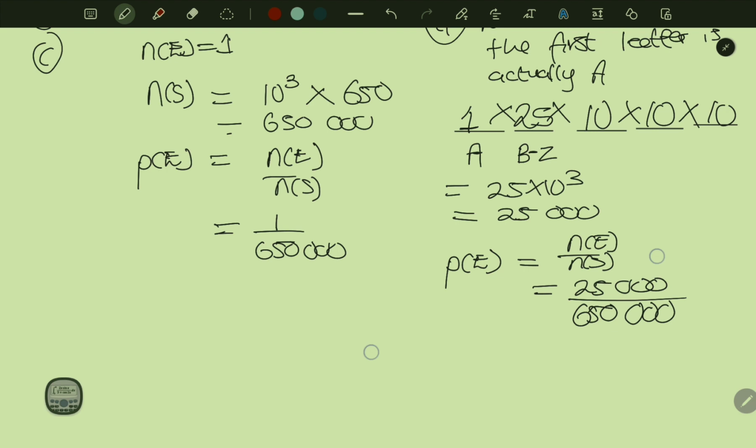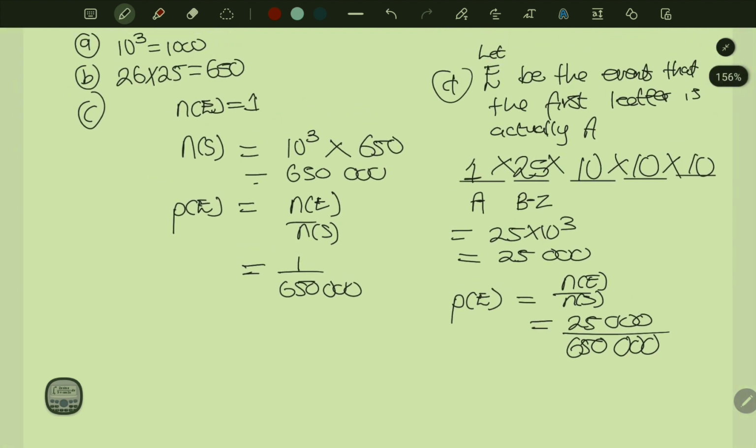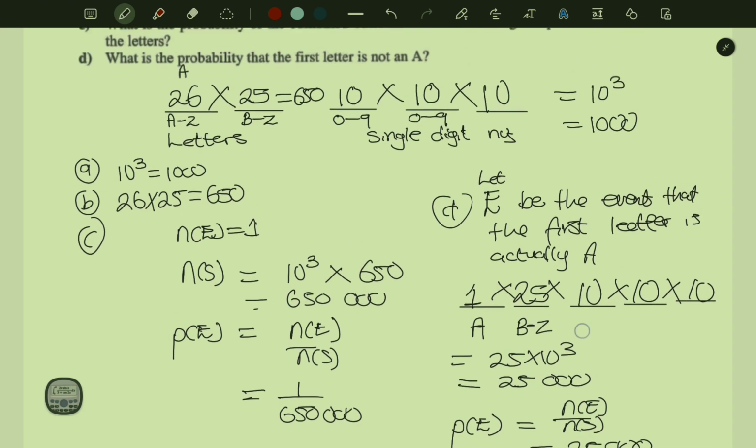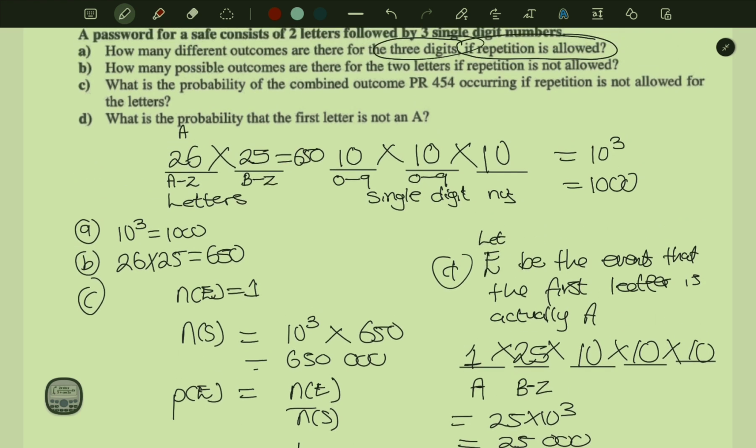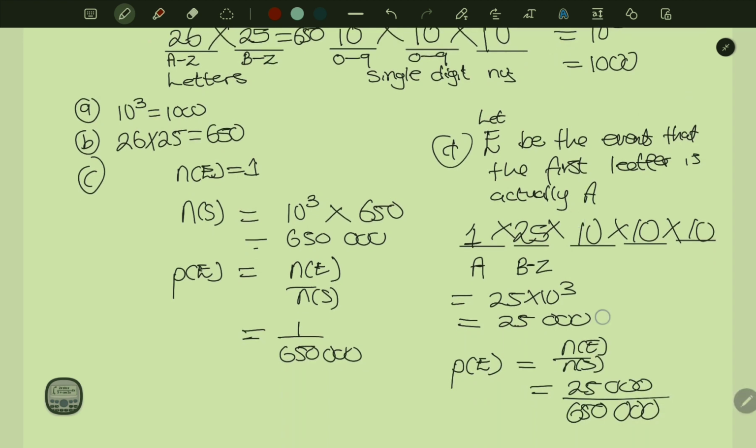So the probability of event E occurring is 25,000 divided by 650,000. But remember, E is the event that the first letter is actually A.